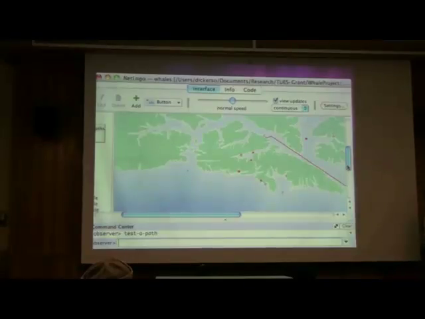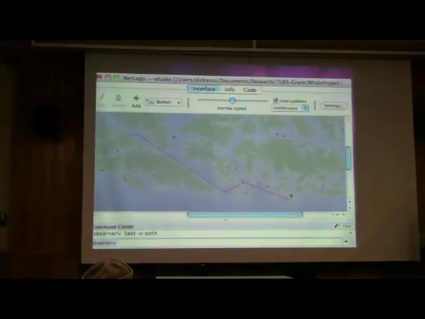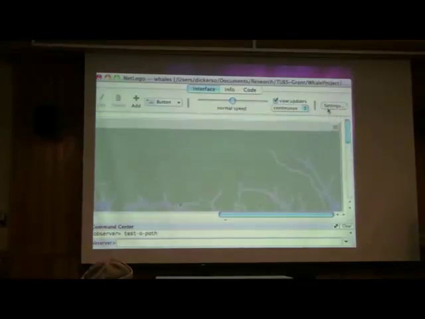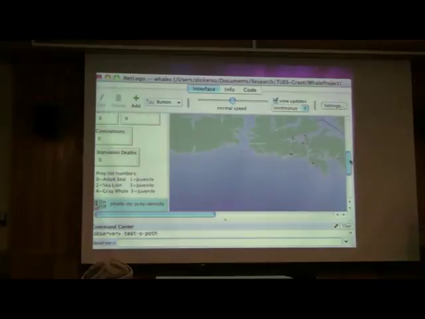So let me just try another path. Let's just see how it deals with fjords. We'll start it right here.